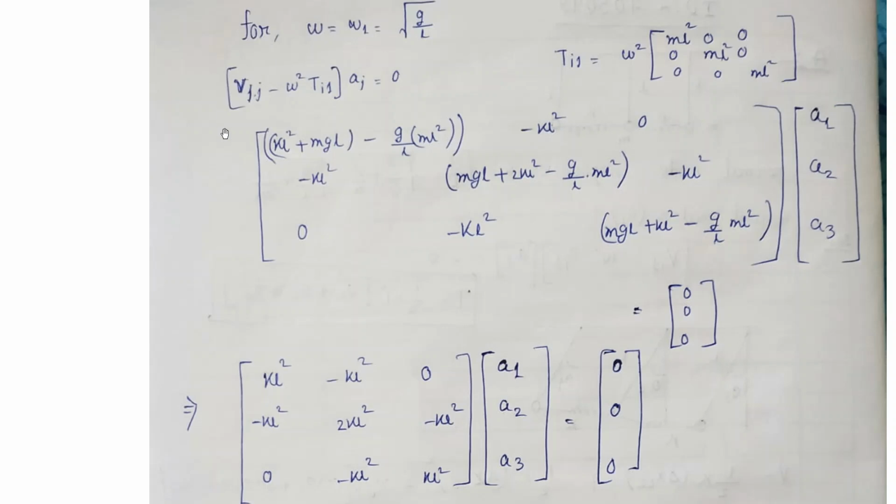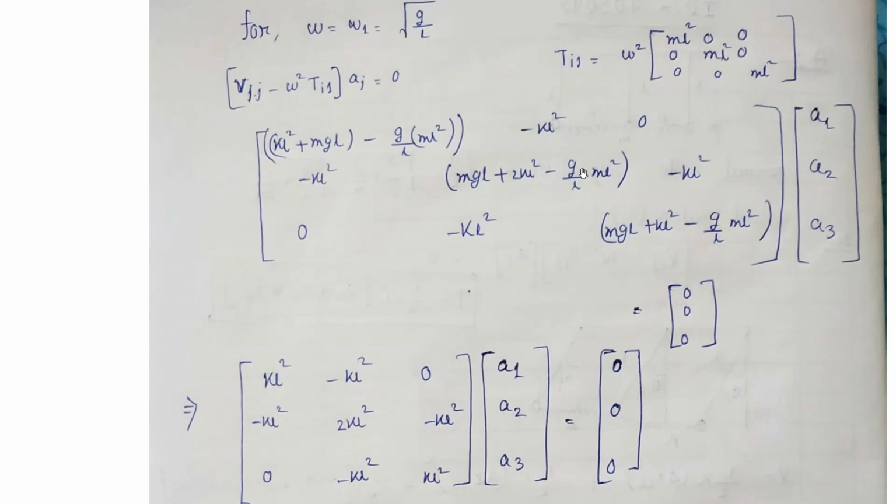So now we substitute in Vij minus omega square Tij, and in place of omega square we substitute g by L. So this is the first term, kL square plus mgL minus omega square. In place of omega square I have g by L, and this is the first diagonal element of Tij, ml square, and this is the second diagonal element.